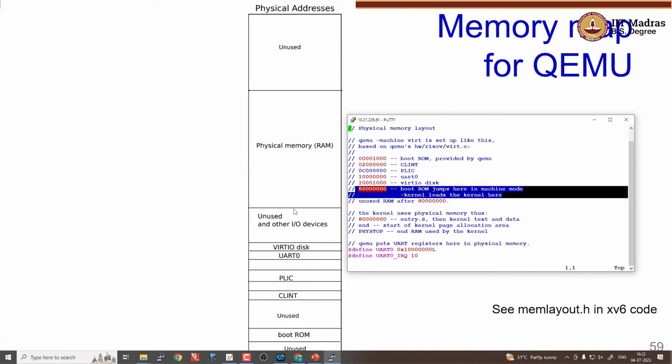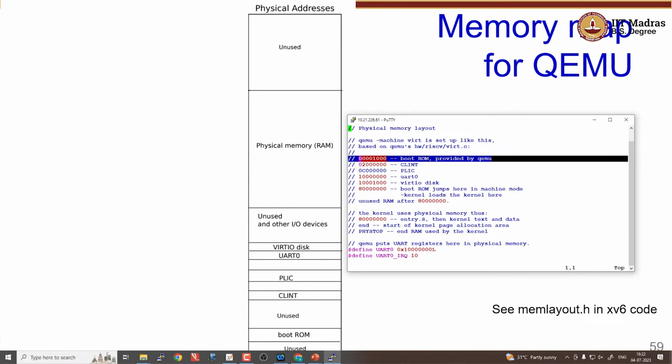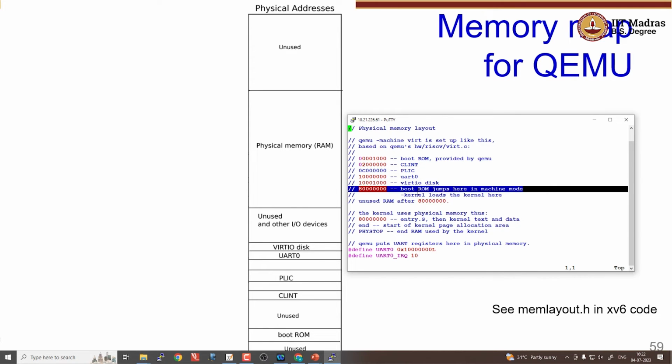So starting from 80 million going upwards is where you would have your RAM. And as we've seen before, the x86 source code and the code and data would start from 80 million.